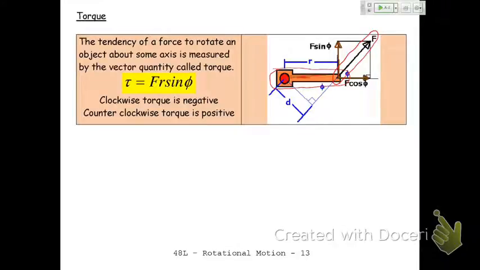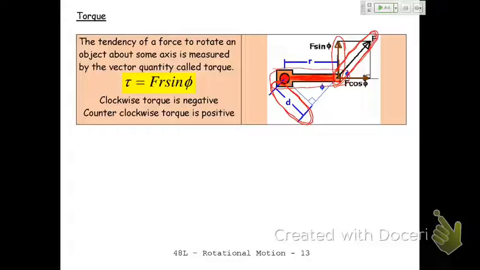So it would be that distance there, the length of the wrench, multiplied by the component of the force that's perpendicular to it. But just as well would be the original force multiplied by the perpendicular distance, the perpendicular lever arm. Any combination works, as long as the component of the force you're using is perpendicular to the component of the lever arm that you're using, as long as they're 90 degrees to each other.